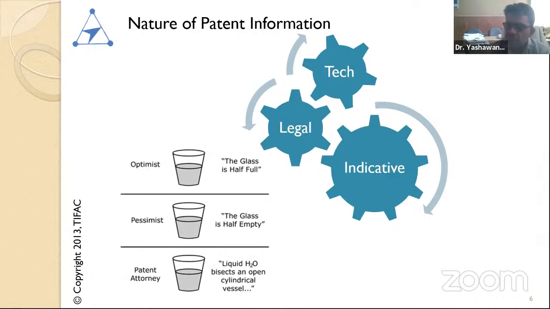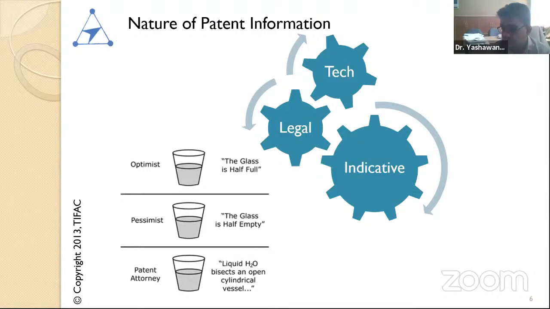But don't get confused about the outcome which you achieved being an invention. Yes, definitely that is an invention. But when we think of protecting through patents, the utmost important aspect is how we are able to achieve that.